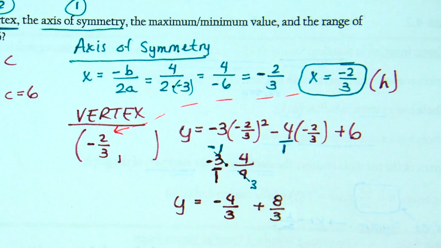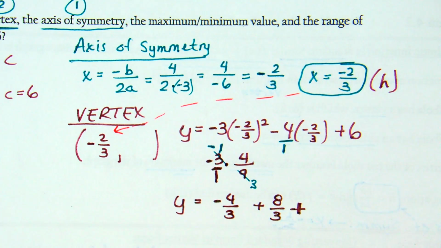Now, the last part is a plus 6. Before I write down my plus 6, what do you notice about the other two pieces? Can't cancel, but they do both have denominators of 3. The key is, in order to be able to add and subtract, if we all have a common denominator, it's going to be easier. So these two are set to add with a common denominator of 3.